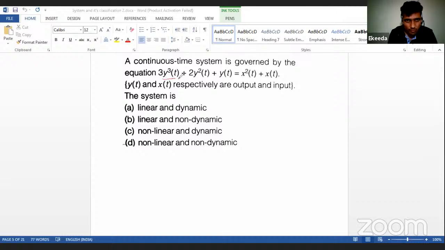There is a non-linear operation here on y(t). Here also you can see that there is a square of y(t), square of x(t). So they are non-linear operations. So the function will be non-linear, so the system is non-linear. Now we have to check whether it's dynamic or static.